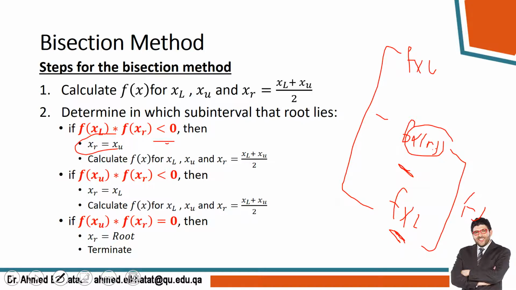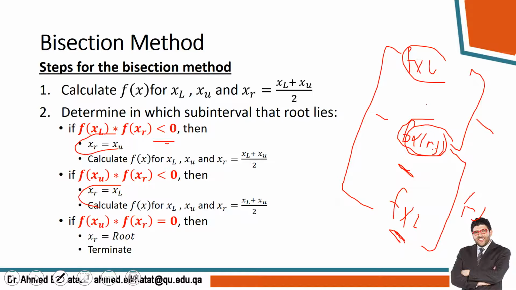If f of x upper times f of xr gives negative, then xr is the lower, and I get the new xr.